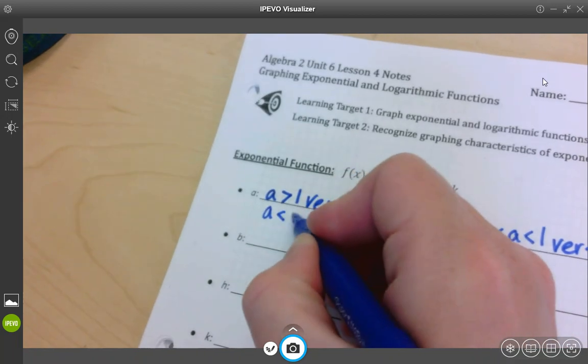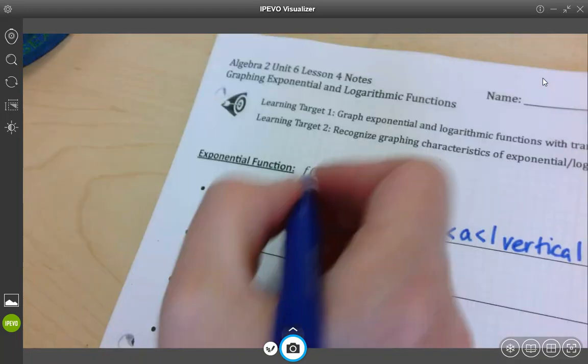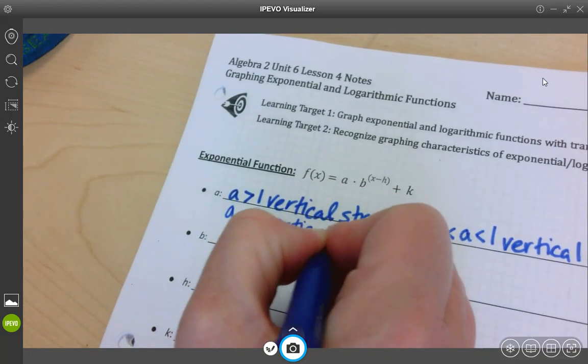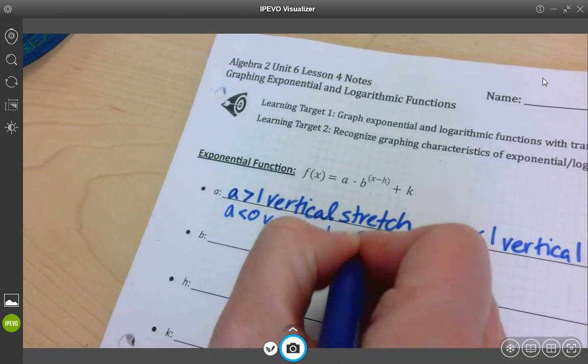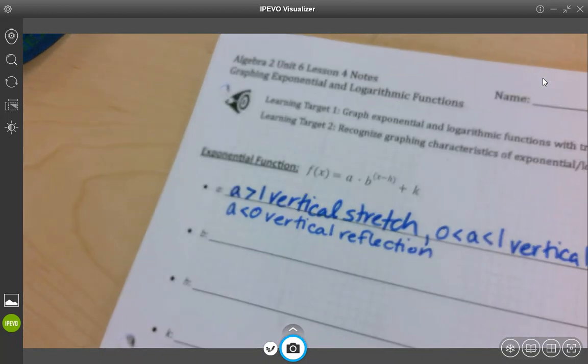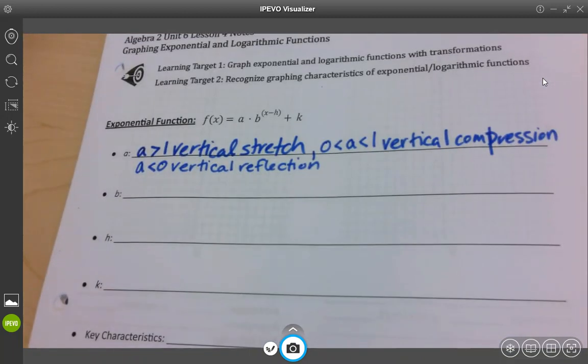If A is less than 0, so if A is negative, then we have a reflection. A lot of stuff happening with the A. Let me try to, there you go. You can see all of it now.